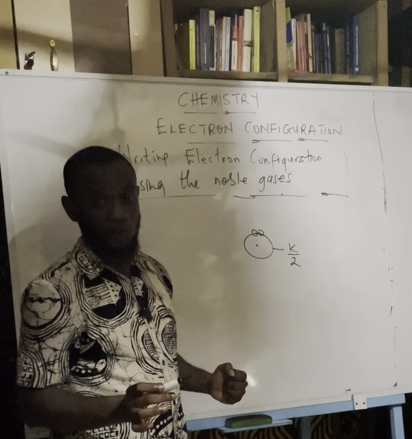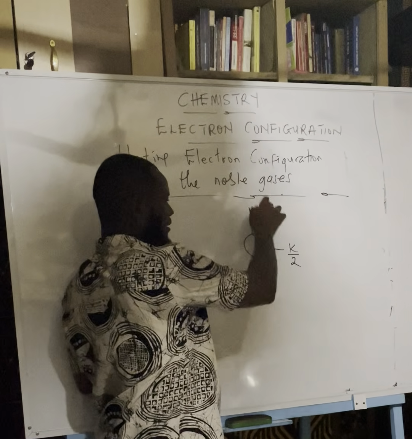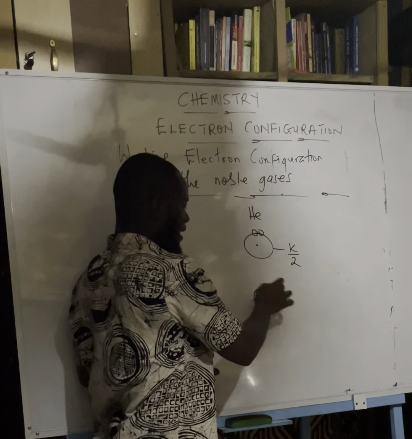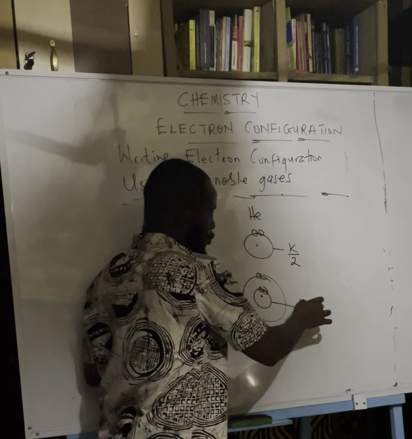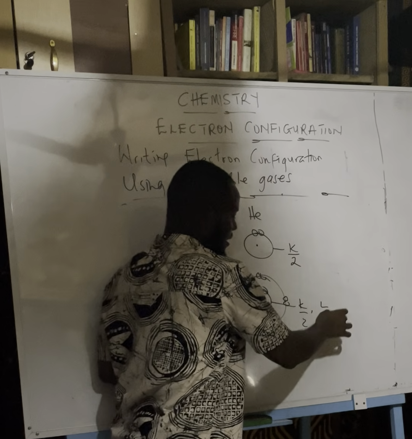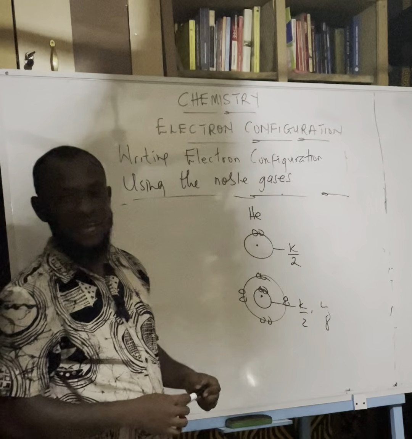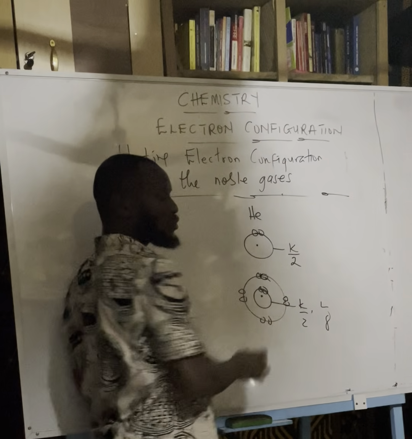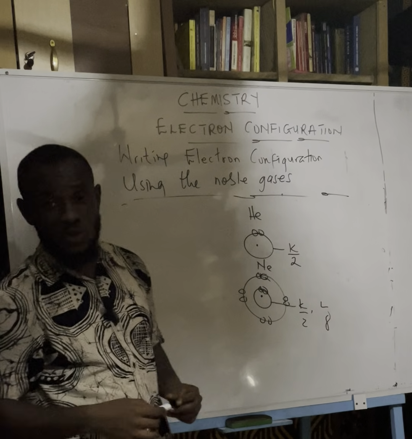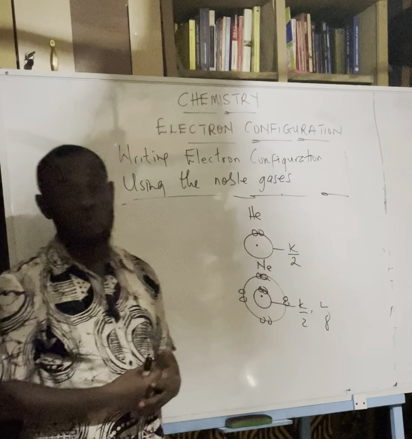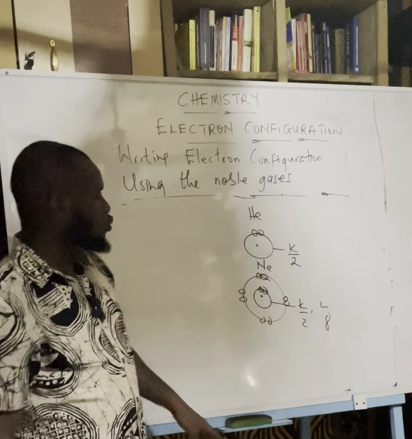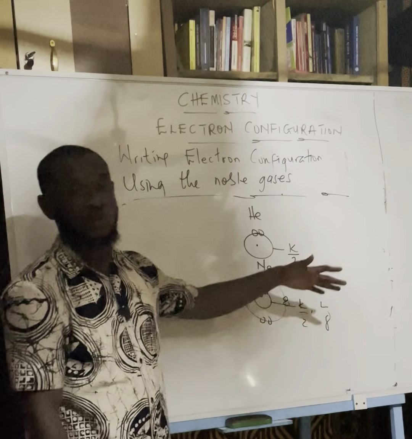It is okay, it is full. And what element is this? It's helium. We also said that the K can take 2, the L can take what? 8. So elements that have their atomic orbital or their shell being stable, I don't want to use the word full, being stable, we call them what? Noble gases. So what we are saying here is that we can write electron configuration using these noble gases.